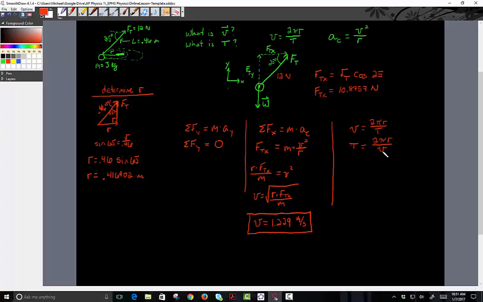I know radius, I know velocity, that's pi, that's 2, so I can calculate. Plugging in all the numbers, the radius is over here, the velocity we just calculated. We get that the period is going to be 2.13 seconds.